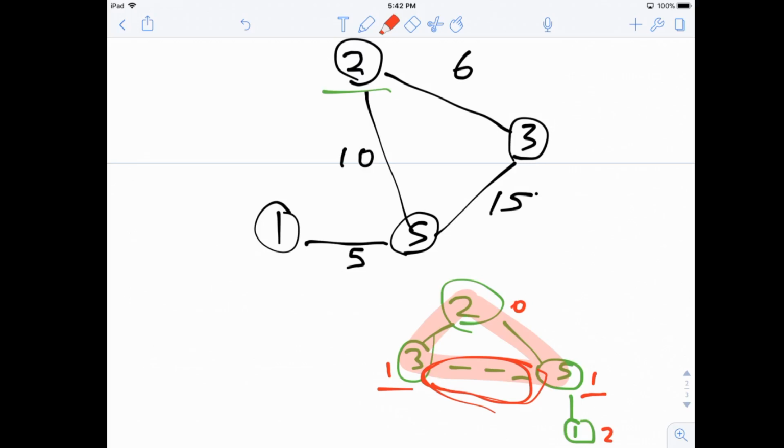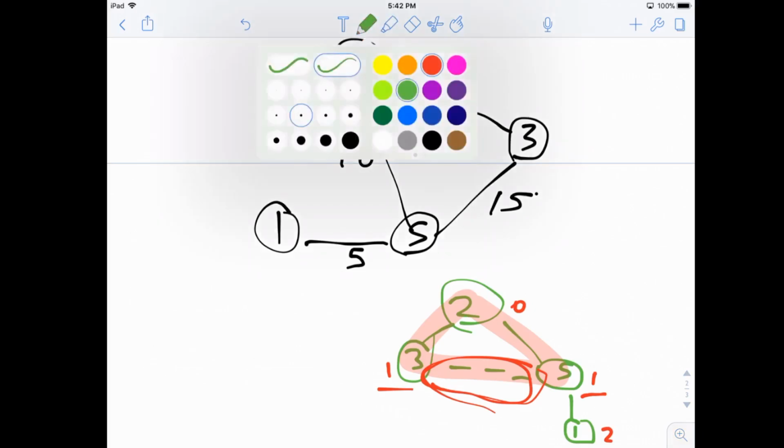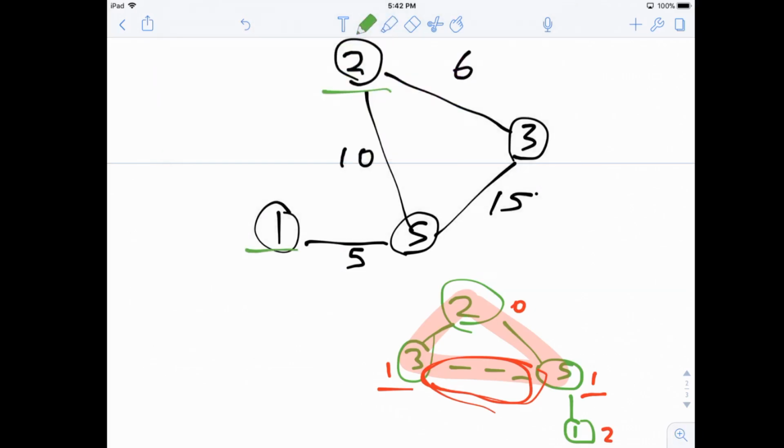And since we don't know that 2 is part of the cycle, let's just say we would have tried 1, which is not part of the cycle. So we have to try every node as our starting node, and for every starting node, we have to build this BFS tree and try all the back edges. So we have n starting nodes, and for each of these, we have to do an O of n.